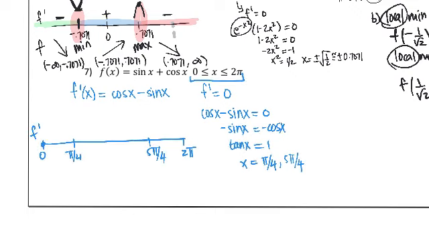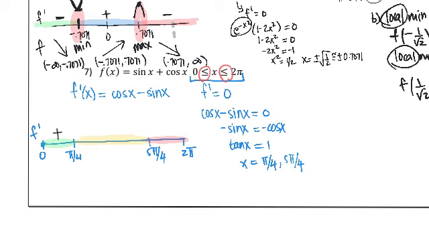Choose values here. I can choose 0 for this interval here, and then I can choose maybe pi over 2 for this interval here, and I can choose 2 pi for this interval because 0 and 2 pi are included in the domain. So I'm okay choosing those, and so I can just figure out that f prime will be here, it'll be cosine of 0, that's 1, minus sine of 0, that's 0.